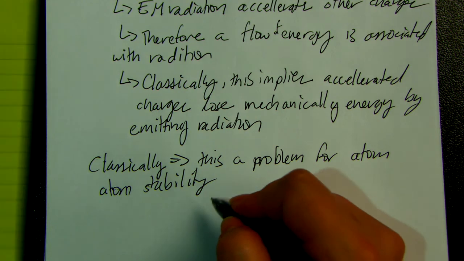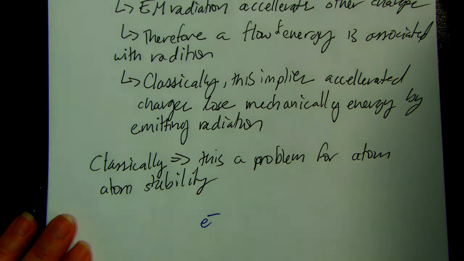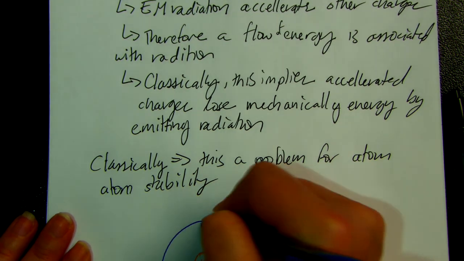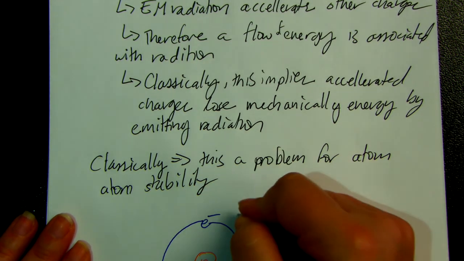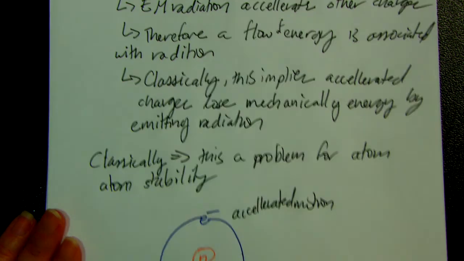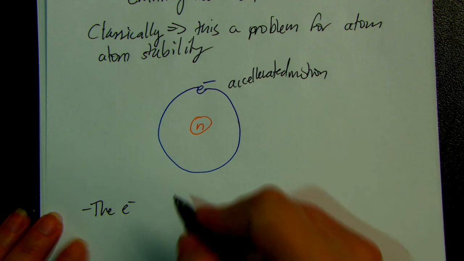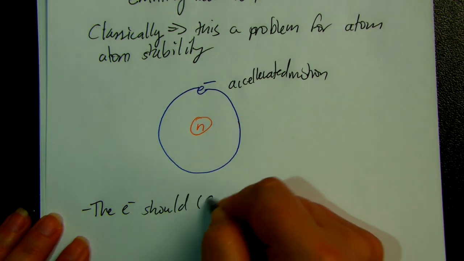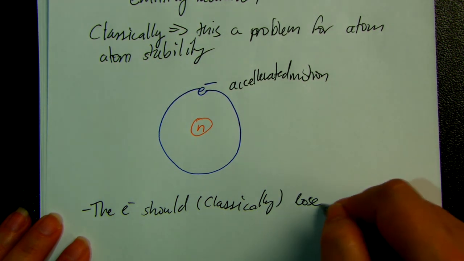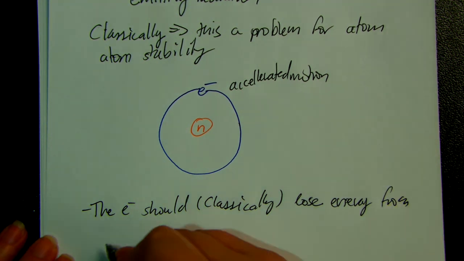They're orbiting. So we have accelerated motion. So the electron should, classically, lose energy from radiation.